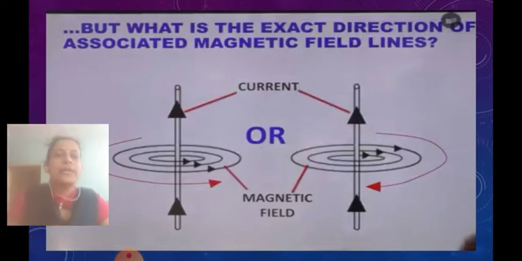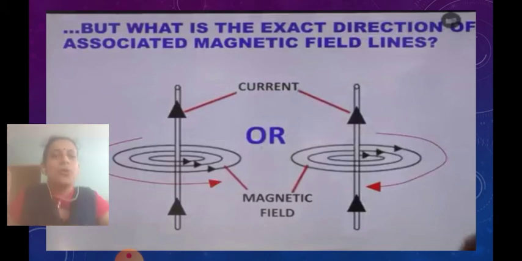Fine. So it was not known at that time, but it could be found out, correct? Can you find out how is the direction of the magnetic field? What can you use here? You can see when the current is flowing in the upward direction, you can see the pointer there, which shows that the direction of the current is in the upward direction. So the magnetic field lines can be either like this or this way.